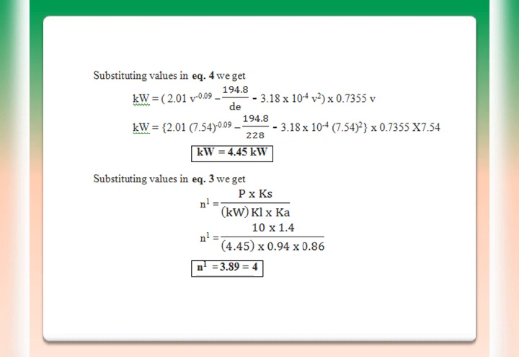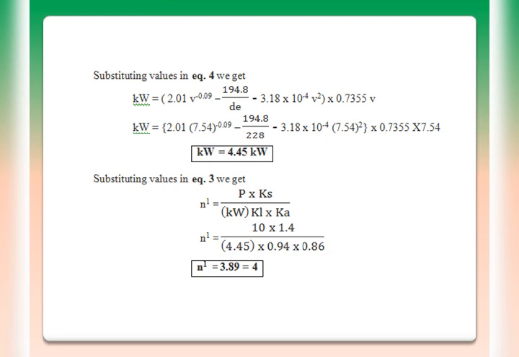So kilowatt is equal to 2.01 into 7.54 raised to minus 0.09 minus 194.8 divided by 228 minus 3.18 into 10 raised to minus 4, 7.54 whole square, into 0.7355 into 7.54. Soon after evaluating, we are getting the transmitting capacity is equal to 4.45 kilowatt.